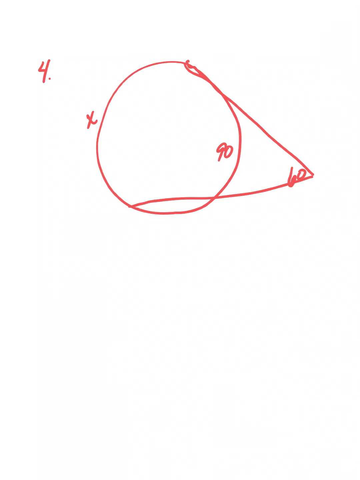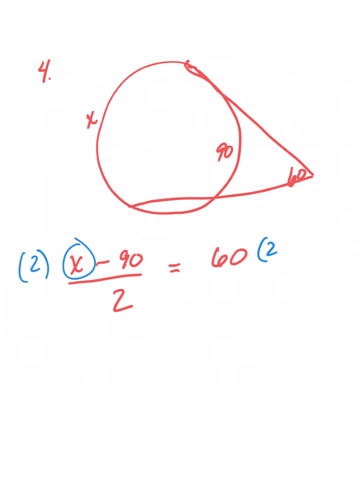All right? So the rule that we've been talking about is the big arc, which is the X, minus the small arc, which is the 90, divided by 2 equals the 60. So your object is to leave the X alone. I'm going to circle the X. The first thing I do is multiply both sides by 2. So 60 by 2.